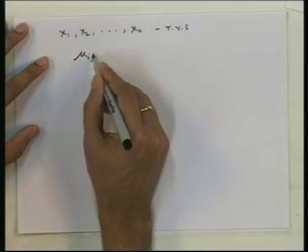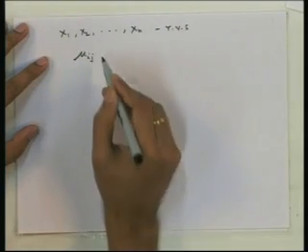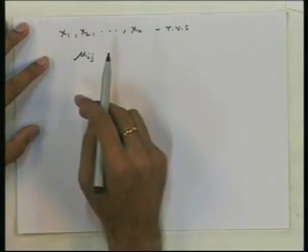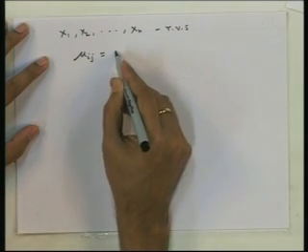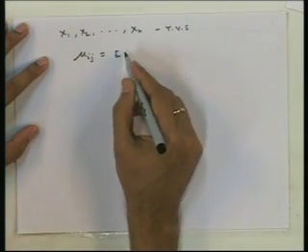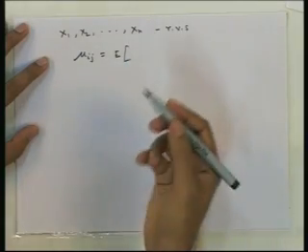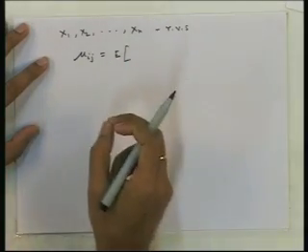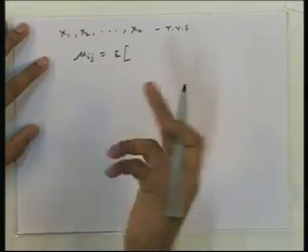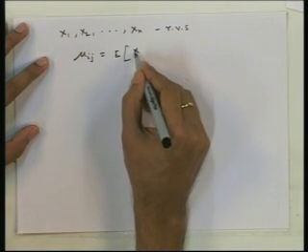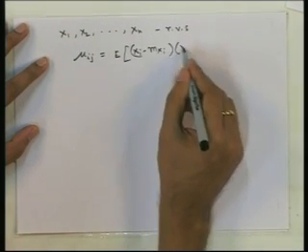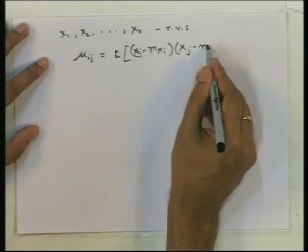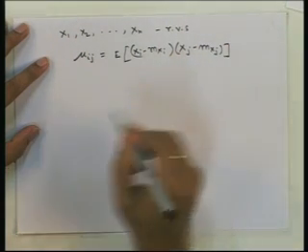So, for any i and j in this range 1 to n, you choose any two random variables, they may be the same also, and we can compute the covariance between those two random variables. If you choose the same random variable two times, you will get the variance of that random variable. So, xi minus m xi times xj minus m xj.